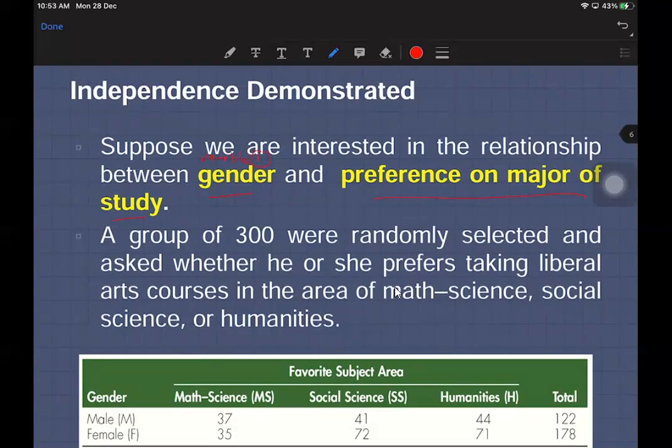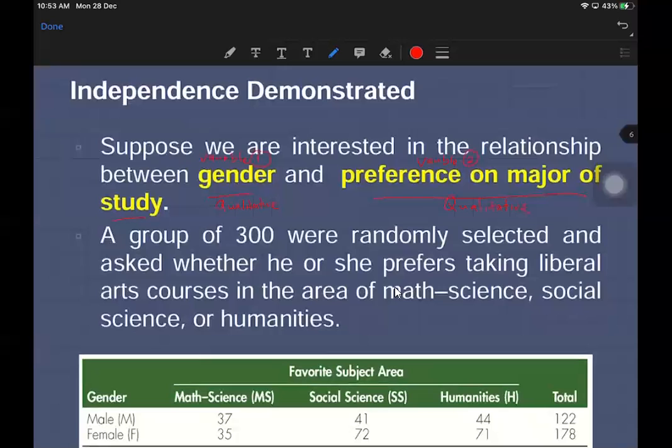It's qualitative. Then preference of major of study is variable 2, qualitative also. Both must be qualitative.